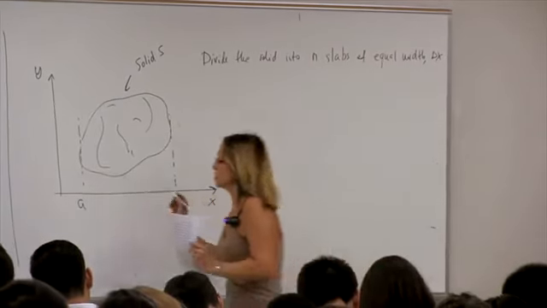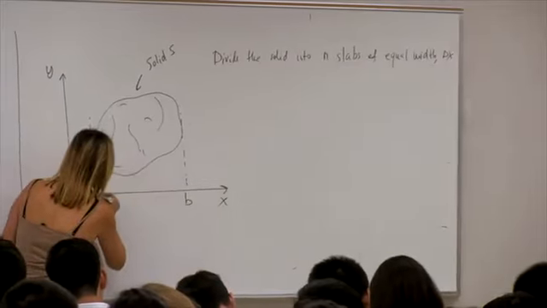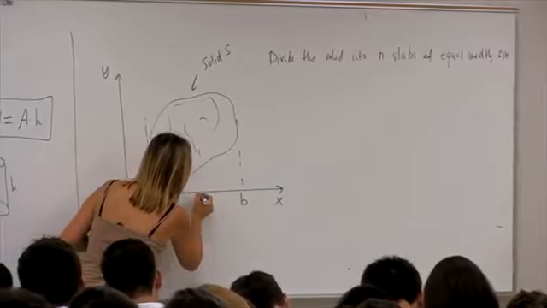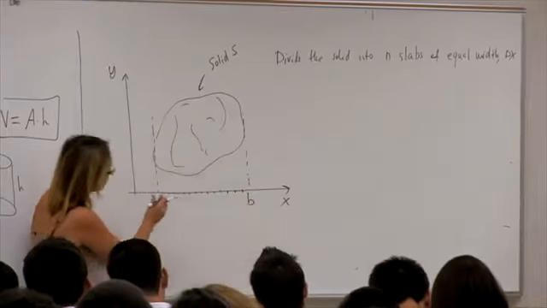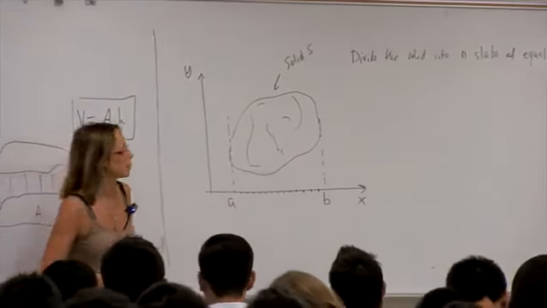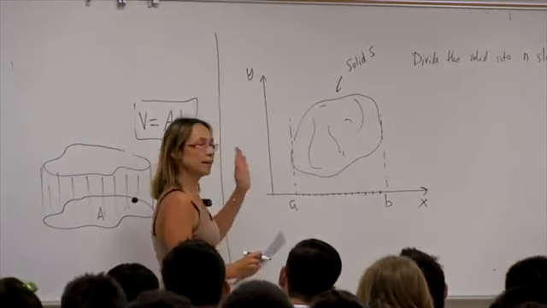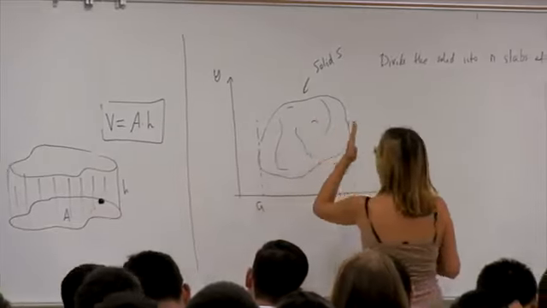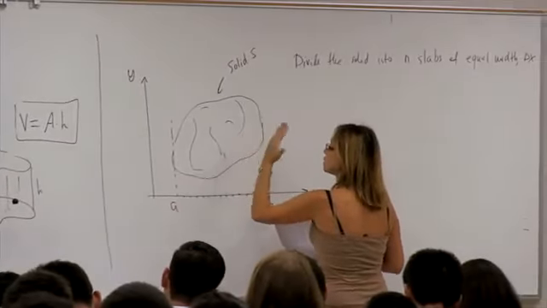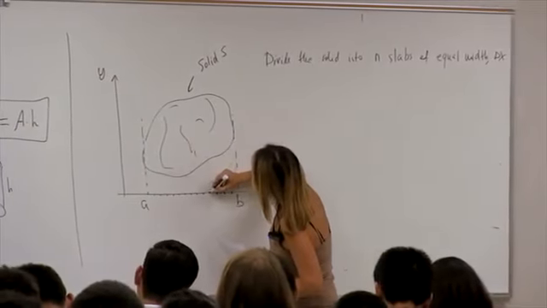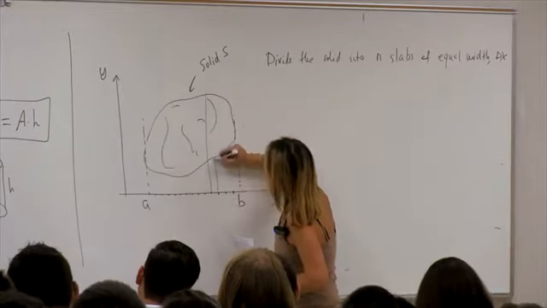So basically, remember about partitions. I'm going to have a partition here with a step delta x, and I'm going to take a knife and slice this body into vertical slices like this.